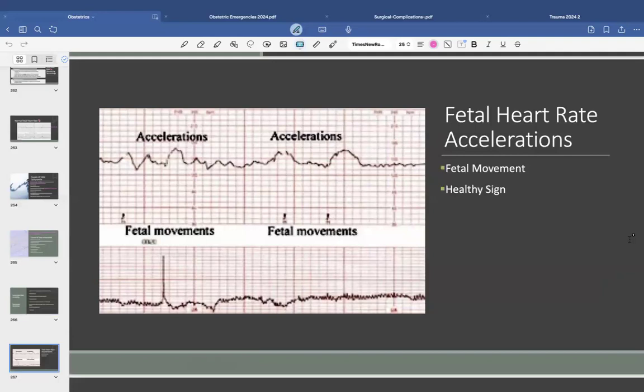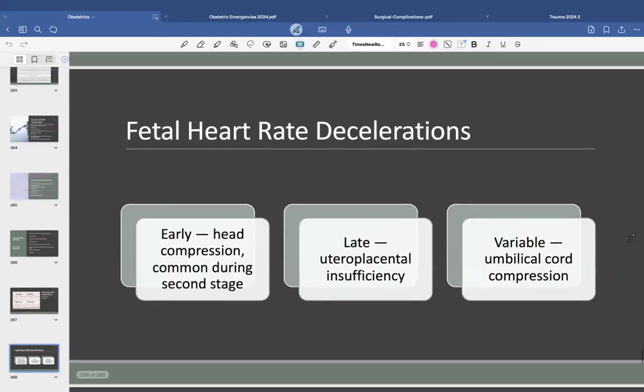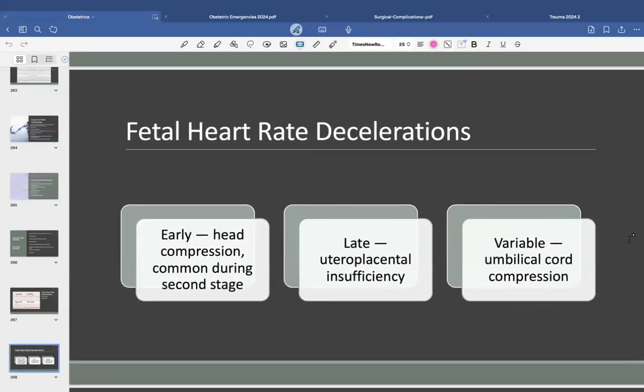Decelerations can be caused by several different things. I left you a link for Osmosis, which does a really good little synopsis of fetal decelerations. Fetal deceleration refers to a temporary but distinct decrease in the fetal heart rate. So instead of it going up, you're going to see it come down.